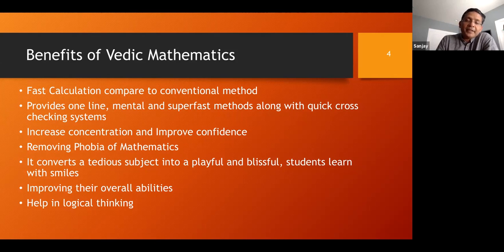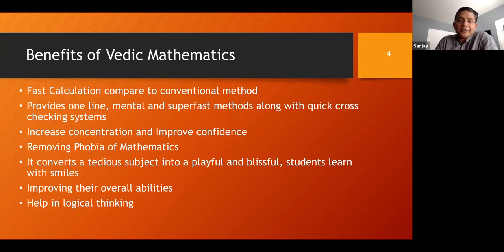If you compare the conventional math, some of the methods and techniques that we learn in our school are sometimes quite tedious, prone to a lot of human errors. You tend to make mistakes, and it becomes very discouraging because there's a lot of room to fail in some of the steps. Unlike in Vedic mathematics.